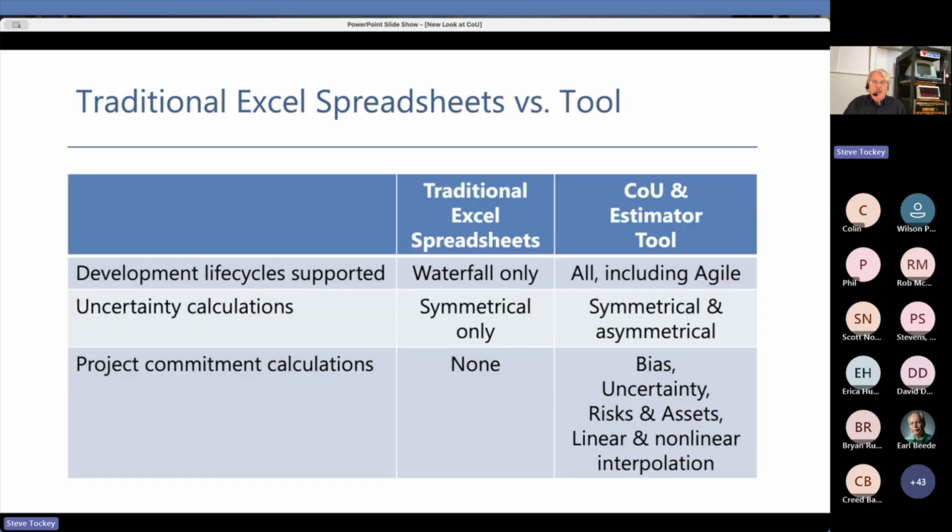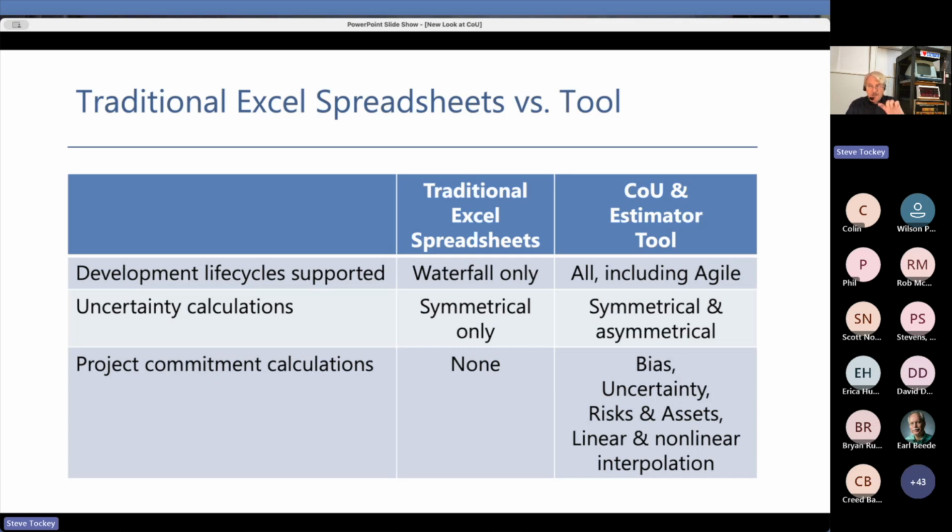Okay. So I just quickly want to say that for many, many years, I first built a spreadsheet to do this, I'm thinking 25 years ago, to do the calculations. But that Excel spreadsheet tool, if you happen to see it or even used it, only supported waterfall life cycles.